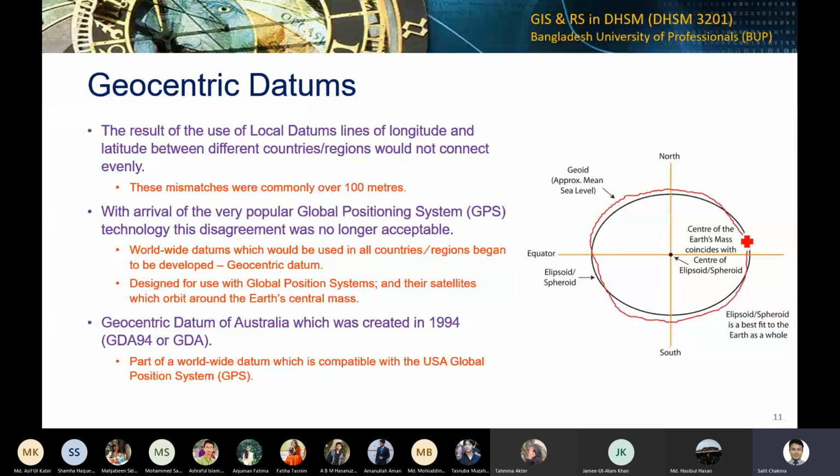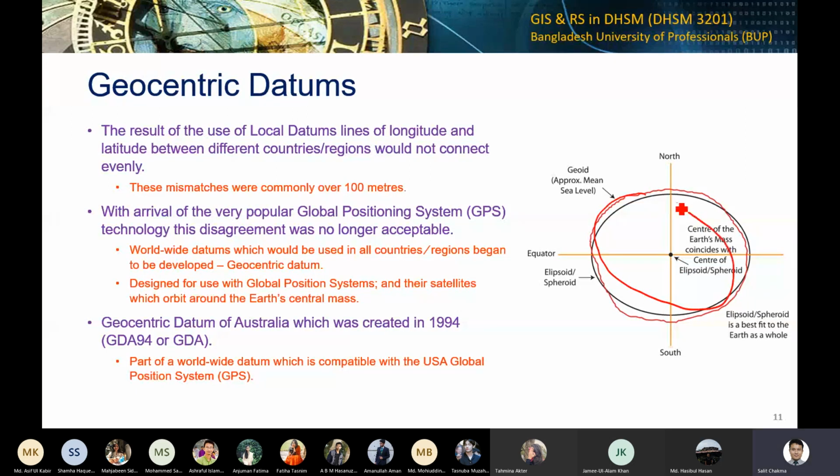Okay, so how can we overcome these? We can easily overcome these by transforming the coordinate system, which uses the global datum, to a coordinate system which uses a local datum. And when you do the transformation, the software automatically calculates all necessary calculations to change this spheroid to a local spheroid.